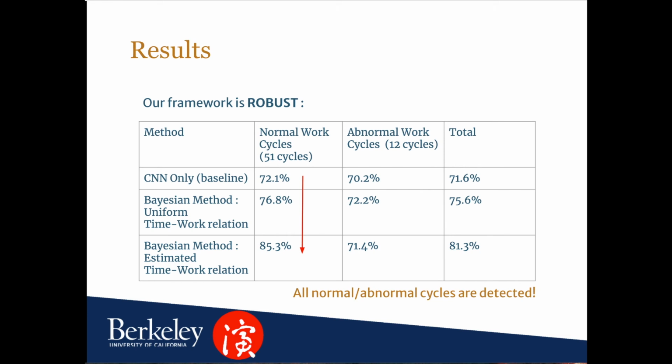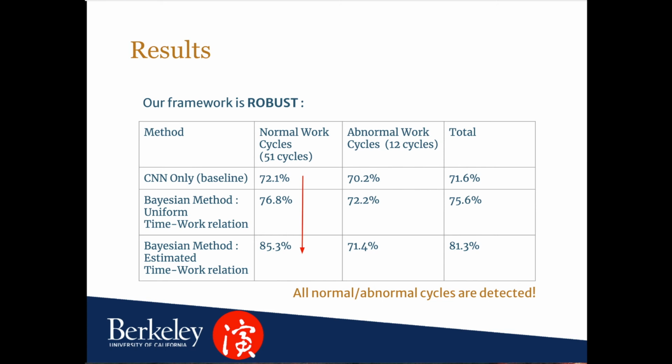Uniform time relation means that we have no time preference for work types. In other words, we are only using equipment information for the identification process. Even with this simple setting, we have around a 4% accuracy boost compared to the baseline model on normal work cycles.